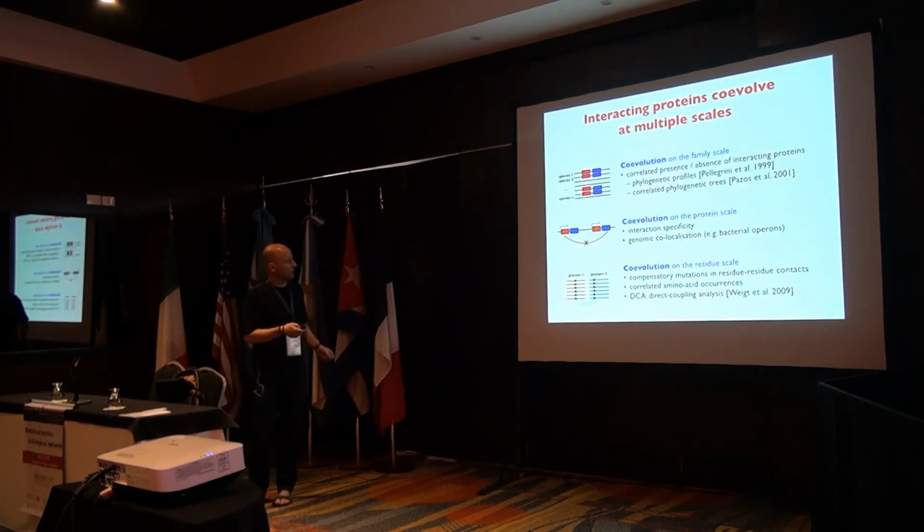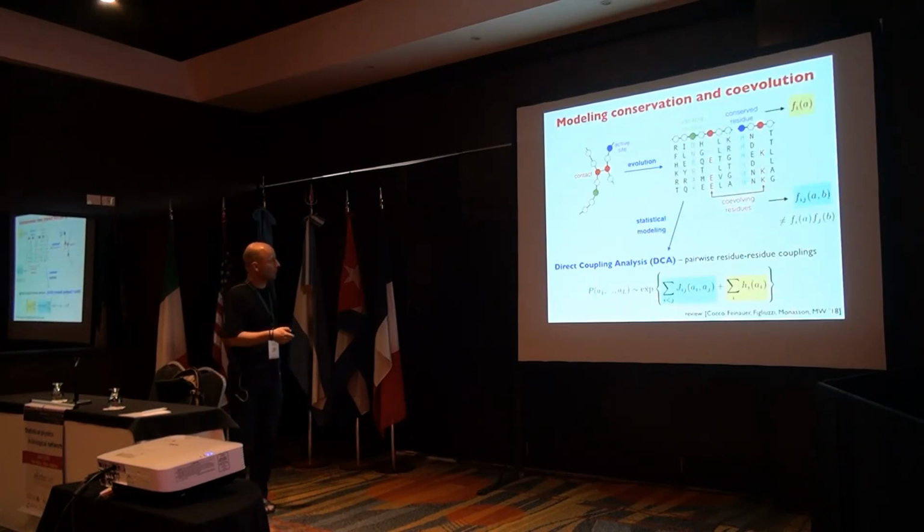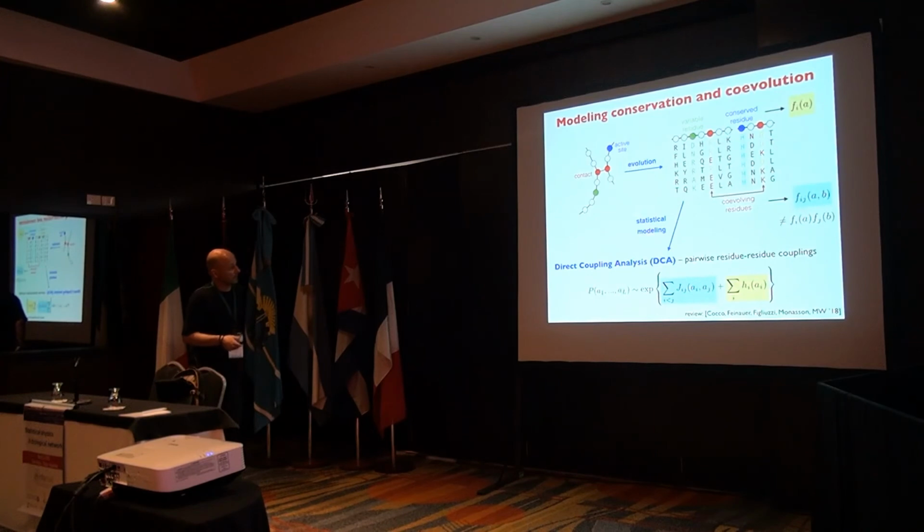So what I would like to do now is to complement this by information coming from this lower scale of evolution, which was this co-evolution on the residue scale. So something which is summarized in this picture. If I have two interacting proteins here shown by these two chains, they have some contact between residues, one in the first, one in the second protein.